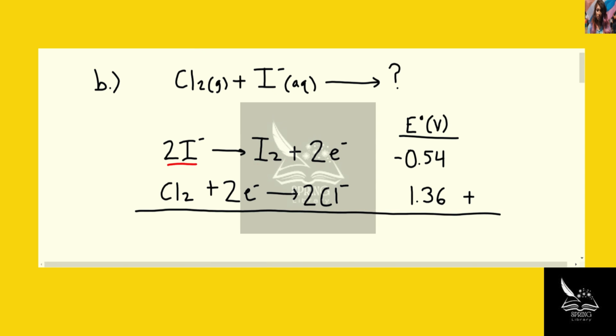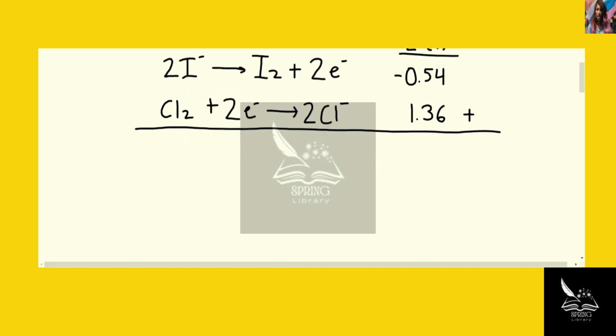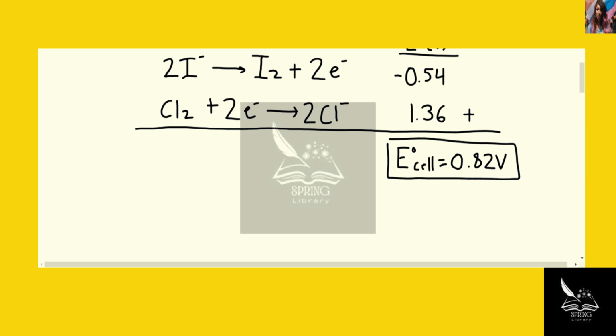So that is why we have to flip the first half reaction, and when we add together the standard reduction potentials, we see that the overall cell potential at standard conditions comes out to a positive value of 0.82 volts. Since the cell potential is greater than 0, we know that this reaction will proceed spontaneously, and so this reaction will occur.